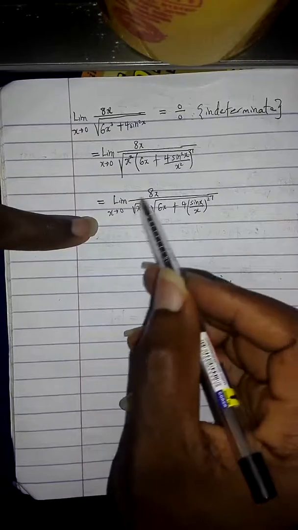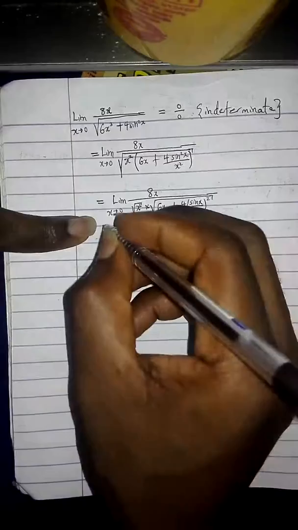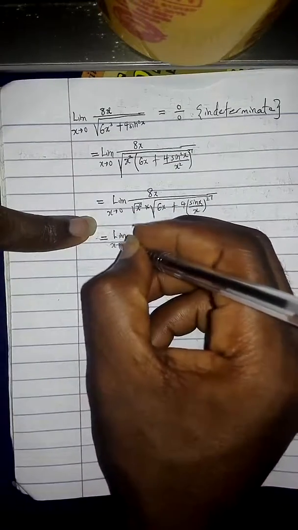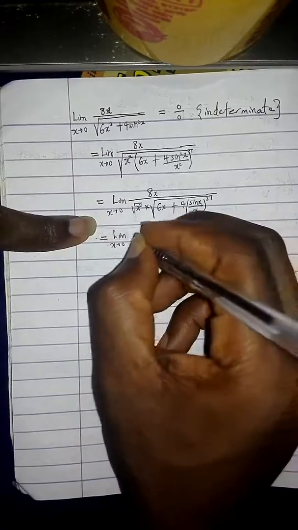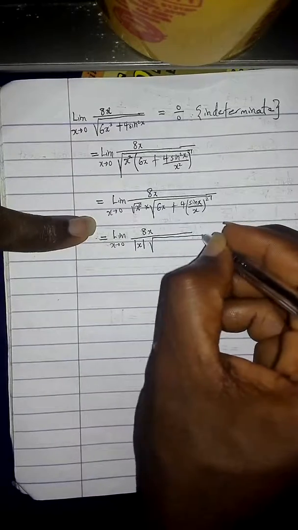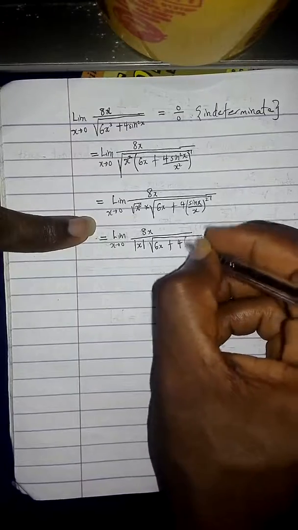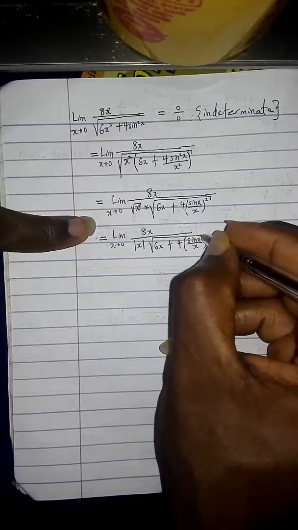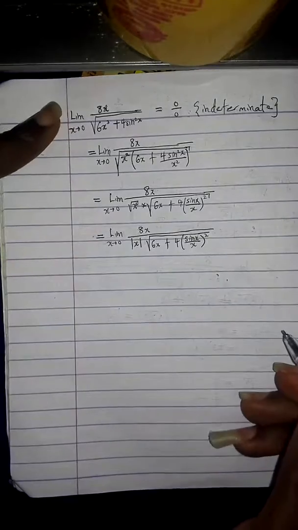From here I will now recognize that this square root of x squared is not x, but it is the modulus of x. Because of that, this is the limit as x approaches 0 of 8x divided by the modulus of x multiplied by the square root of 6x plus 4 into sine x over x all squared, as x approaches 0. So that is that.